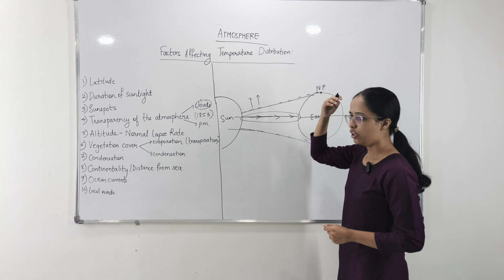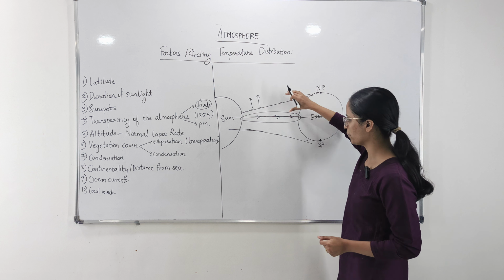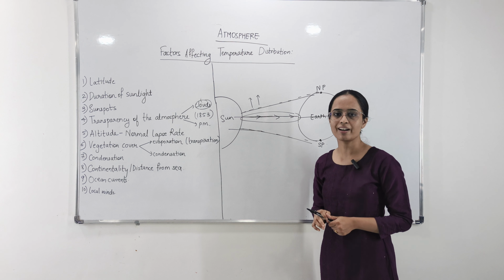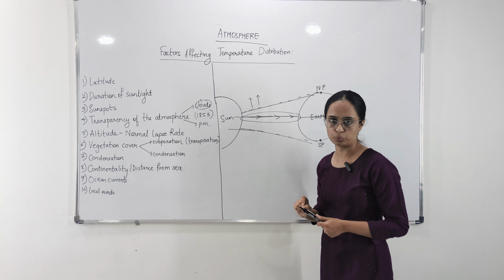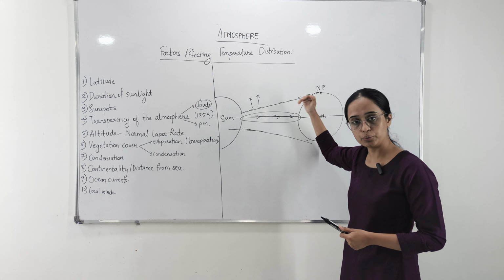So if we think logically, going from here to here versus going from here to here, this is the lesser distance. The lesser the distance, the lesser the energy dissipation would be as compared to the first one, where the rays are reaching from the sun to the poles.